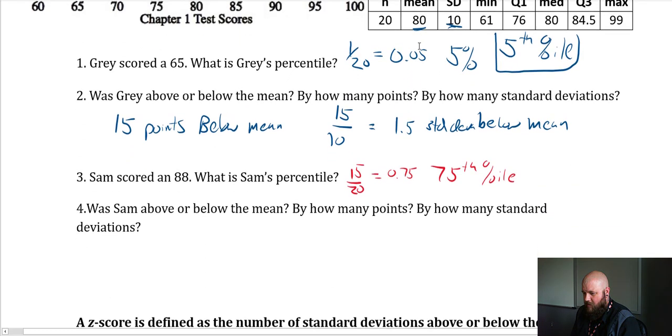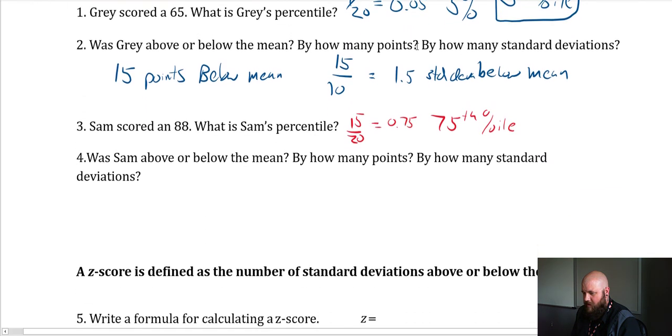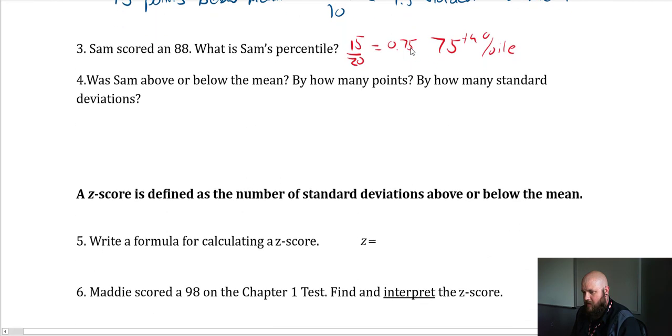Was Sam above or below the mean? By how many points? By how many standard deviations? Well, Sam scored an 88. So therefore, Sam is 8 points above the mean.